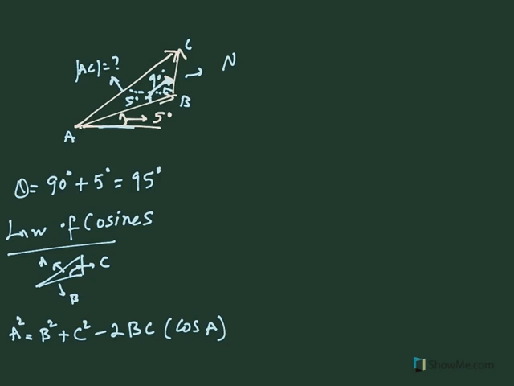And we already found this angle. And we know that AB, or side B, is 20 miles. And we also know that BC, the magnitude of vector BC, or side C in this case, is 15 miles.